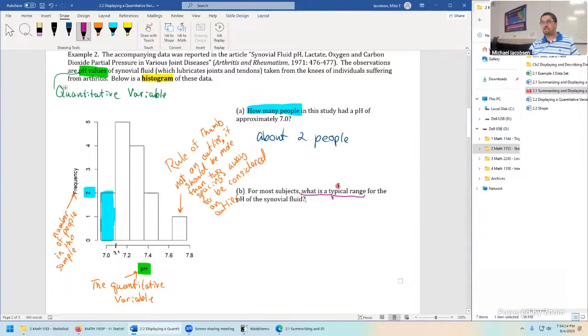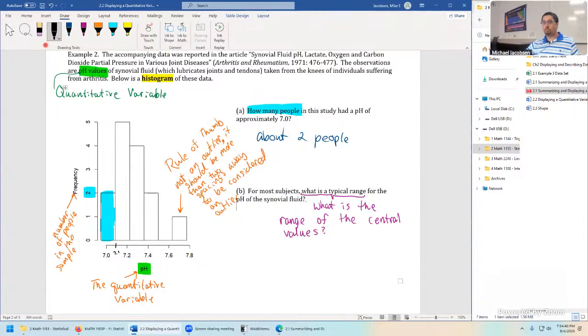But I would say this is more talking about what is the range of the central values, is one way to think of that question.